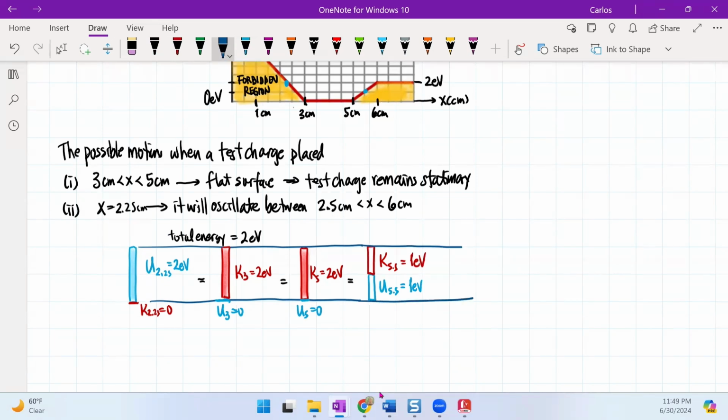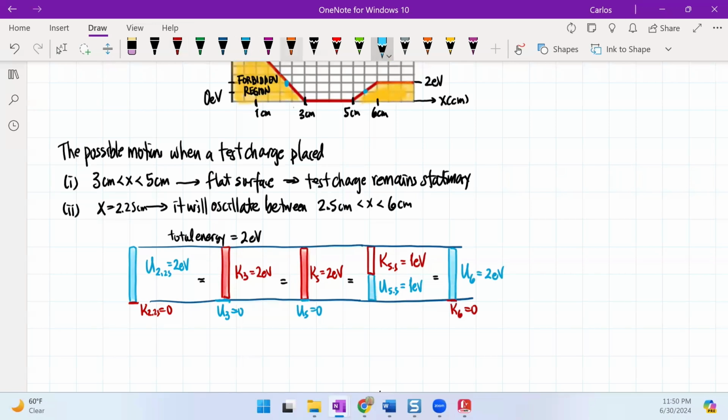Again, continuing to move, the highest that I can go here would be at 6 centimeters. At 6 centimeters, all of the energy has been converted into potential energy, which has to be 2 electron volts, where the kinetic energy at 6 must be 0.